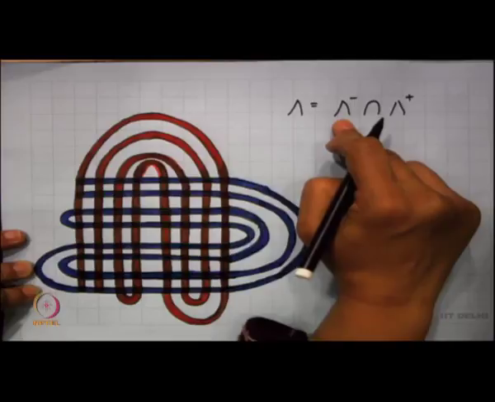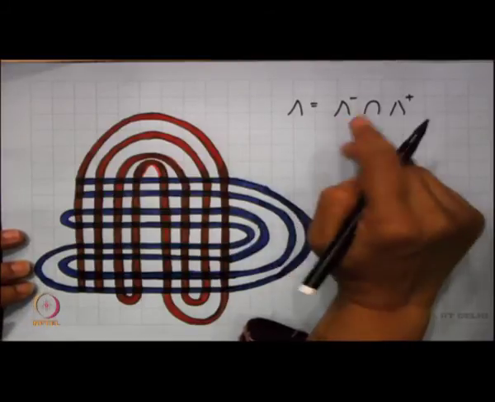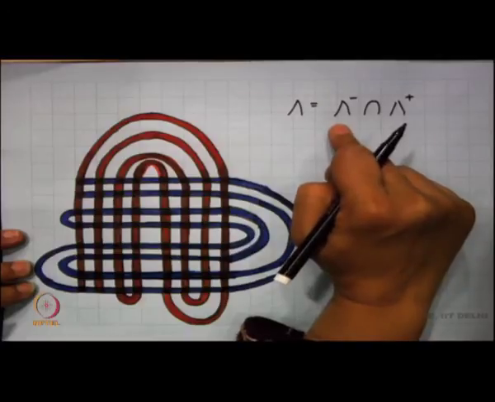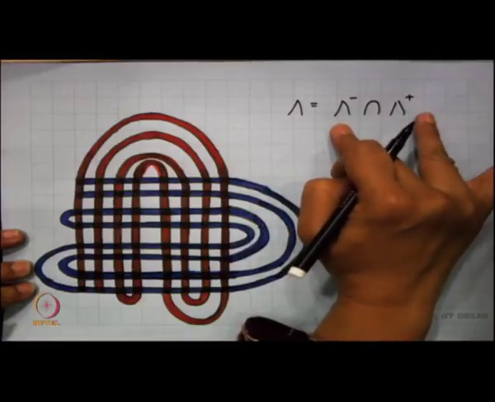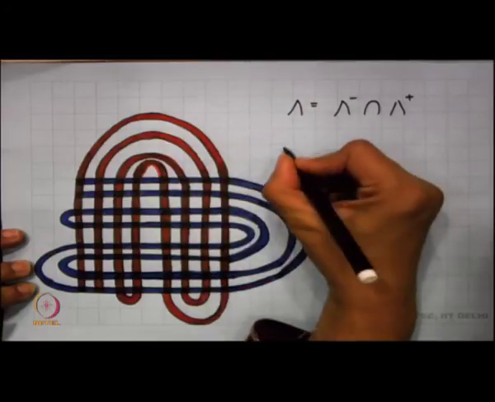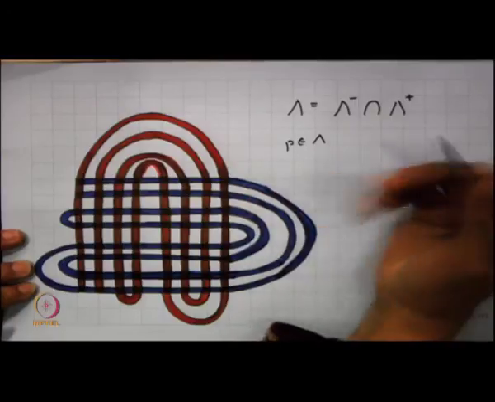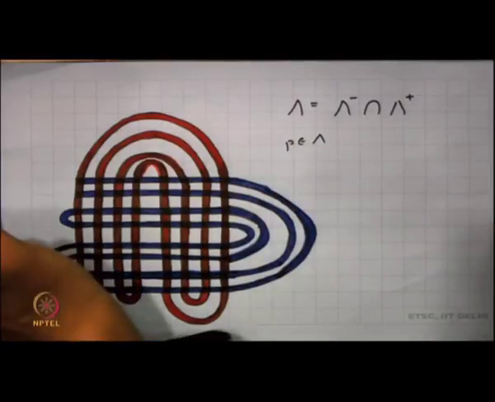This is a set of all horizontal lines, and this is a set of all vertical lines. So, you have horizontal lines and vertical lines. If I take any point P belonging to lambda, it is basically in the intersection of a horizontal line with a vertical line.